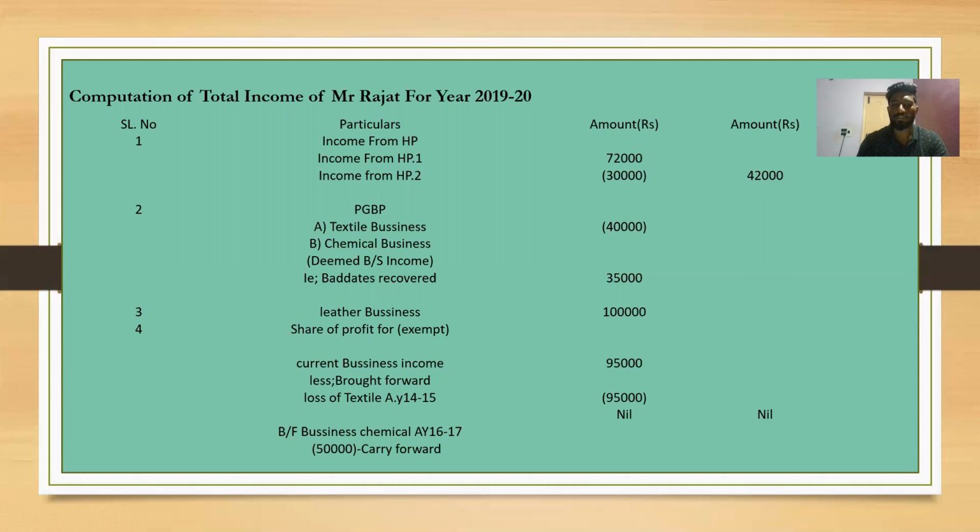First we need to set off the textile business losses. How will we set off? 1,35,000 minus 40,000, which is our current business income.